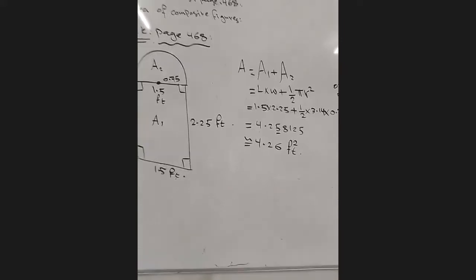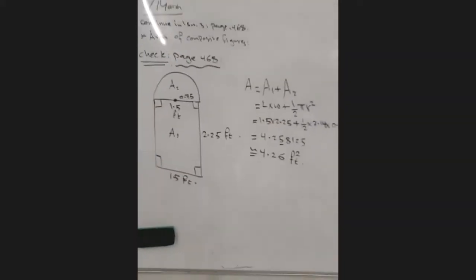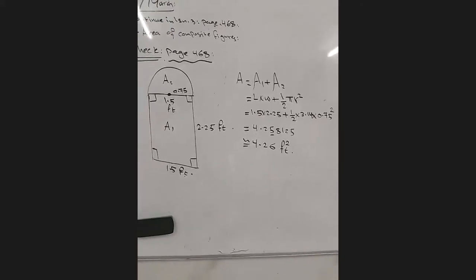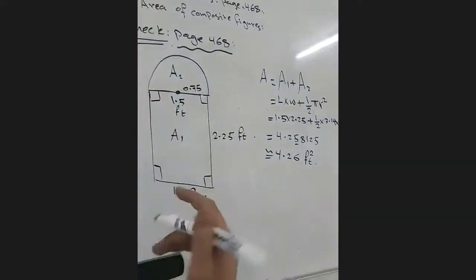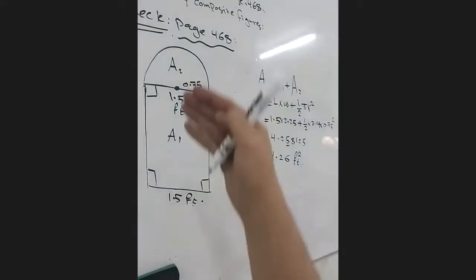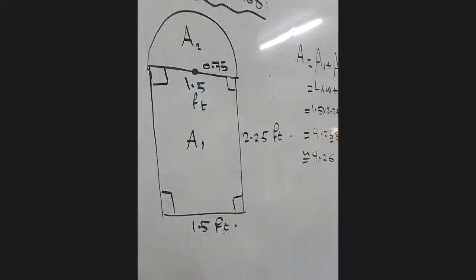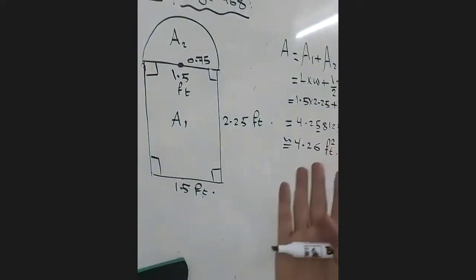This is the check, guys, in details. Please copy it in your book. This is the check, page 468. Simply, guys, here we have the whole area. I divided it into 2 areas. The 2 areas should be known to us.